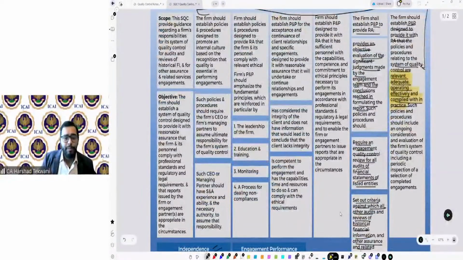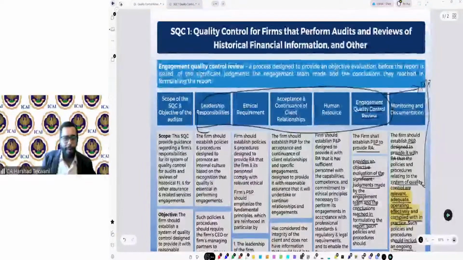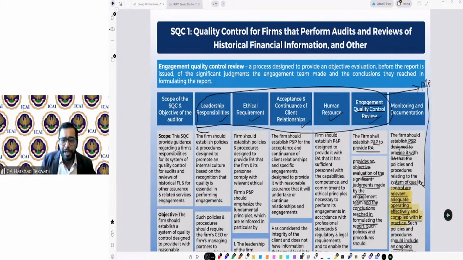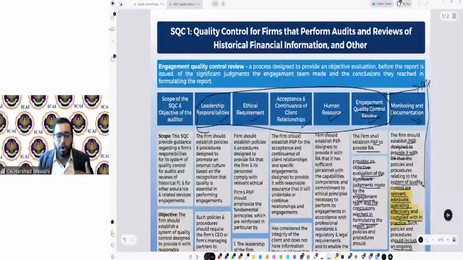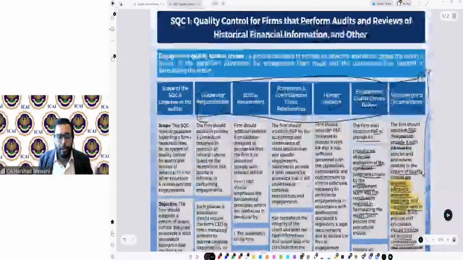Such policies and procedures should include an ongoing consideration and evaluation of the firm's system of quality control. So when you prepare policies on leadership, ethical requirements, ANC, human resource, EQC, and continuous monitoring of all other policies, that whole combination of policies is known as your system of quality control.